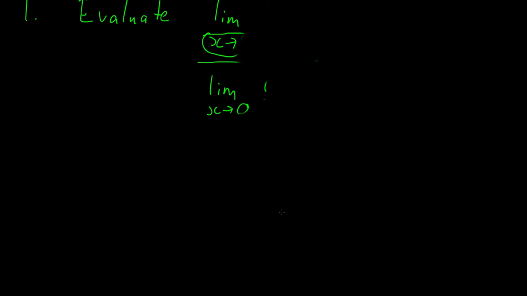Alright, so let's go on to question 2. Okay, so pretty much we've got y equals 2x cubed plus 3x squared minus 18x plus 8.